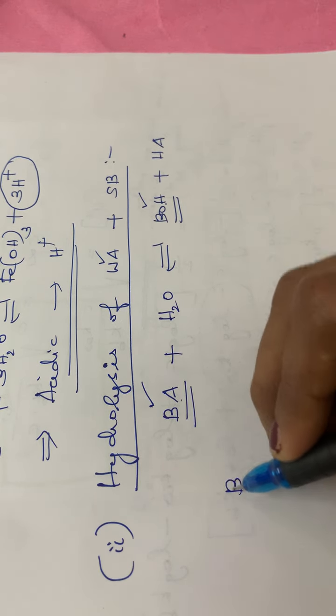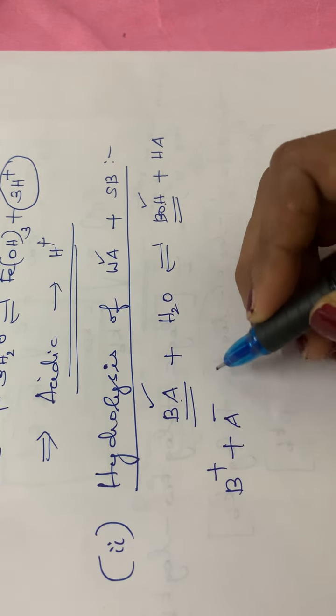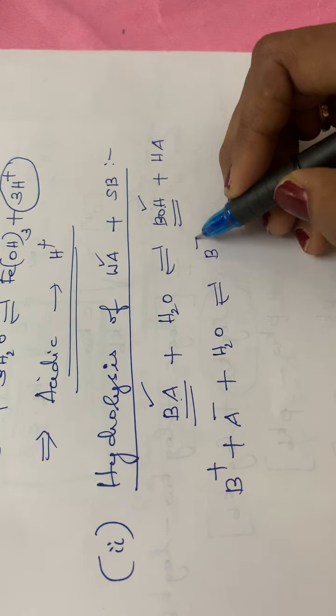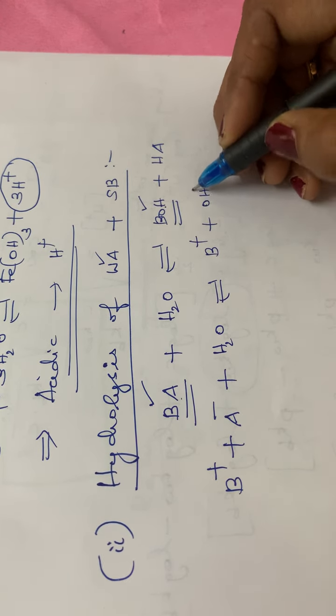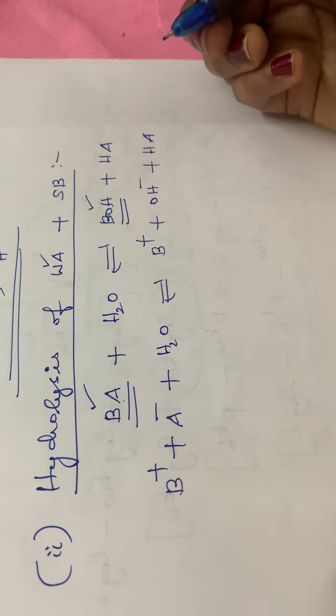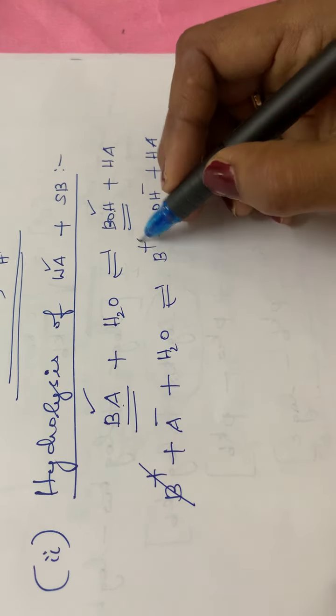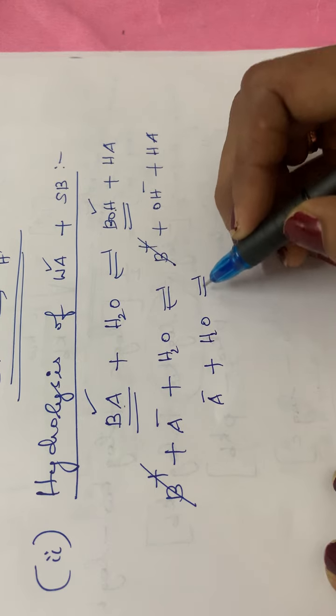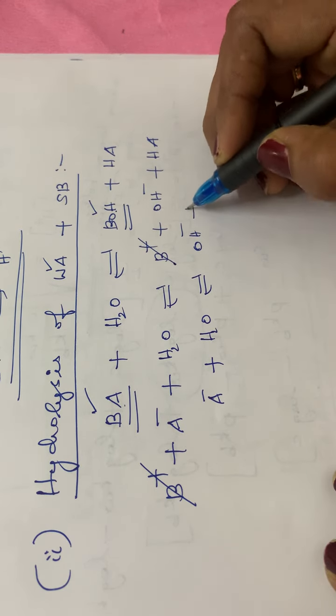So we can write it as B plus plus A minus plus H2O, giving B plus plus OH minus plus HA. Again this B plus will be cancelling, so the remaining will be A minus plus H2O, giving OH minus plus HA.